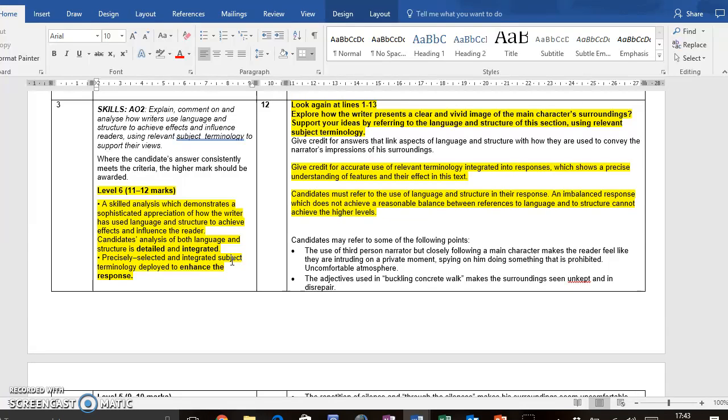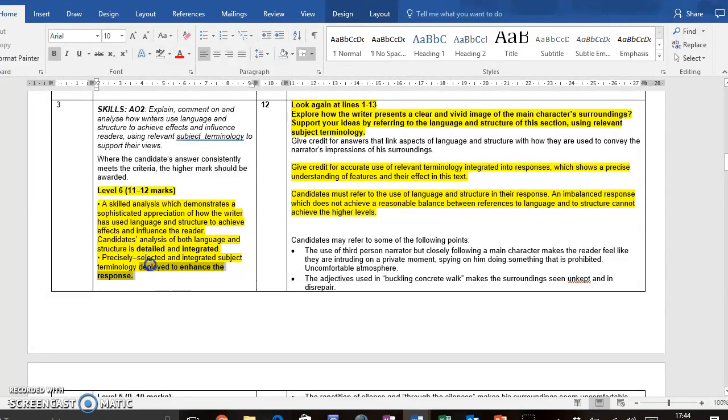So straight away you're labeling it. Do not explain what a simile is. Your examiner knows what it is. They want you to explain why the writer has chosen to use it and what the effect is. If you can just integrate that subject terminology and embed your quote, you are going to save time explaining. And that is where your marks are going to be. Your explanation of how the terms are used to enhance the response.